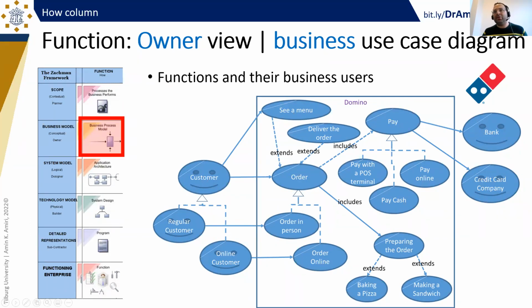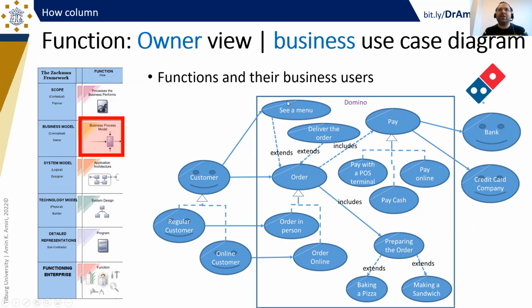But inside Domino, you would see that Domino provides all these functionalities, from preparing the order, paying, ordering, seeing a menu, delivering orders. These are all the functions that Domino provides for the business users. Also, external actors are involved in the functions as well.